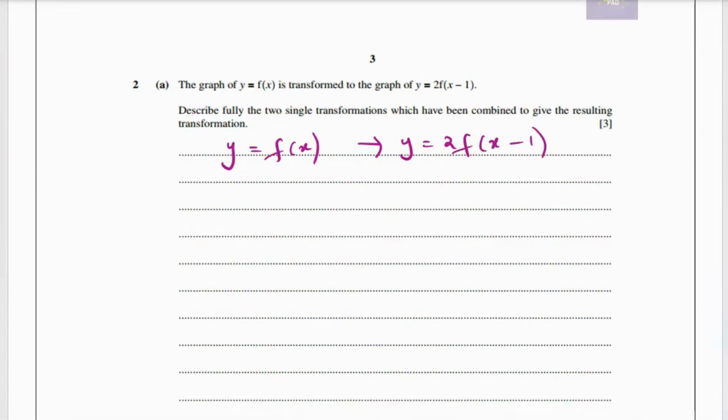So first we can say that there has been a translation by the vector (1, 0). When we're subtracting something from x, that means we're going that many units towards the right-hand side, which means the graph moves 1 unit towards the right-hand side. Then we're multiplying the function by 2.